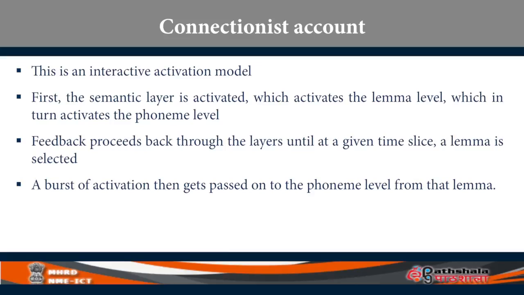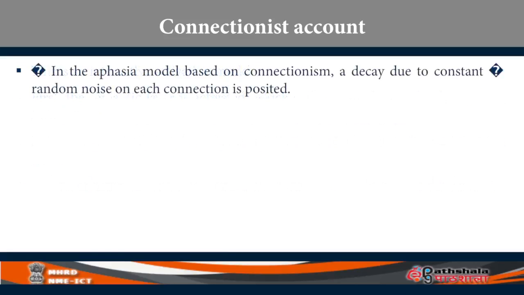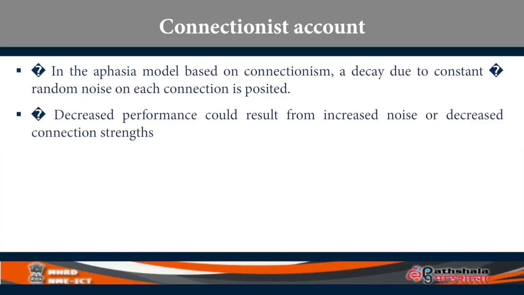How do we explain aphasia in this? In the aphasic model based on connectionism, they say a decay can happen due to random noise on each connection, or decreased performance in an aphasic patient could result from increased noise or decreased connection strengths, weights, alright.